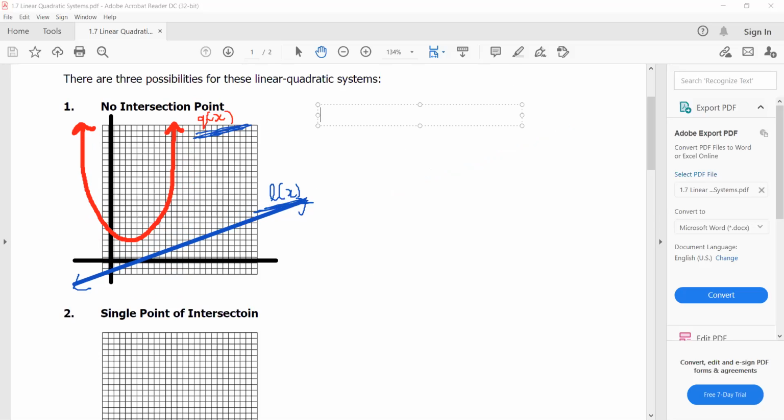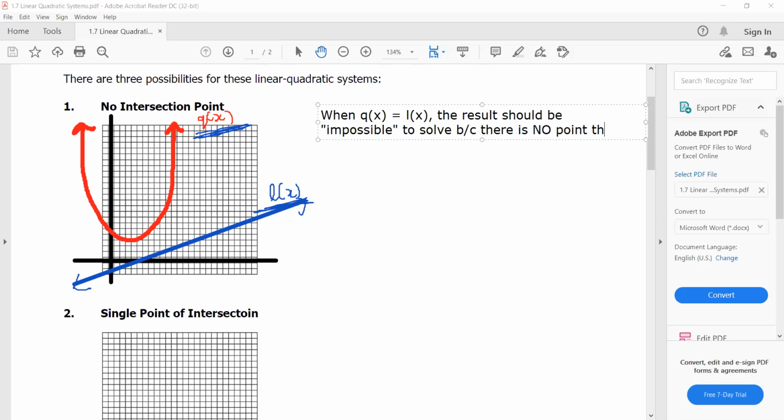Let's see. When q of x is set to equal L of x, the result in this case should be what we call impossible to solve, because there is no point that q of x and L of x share, right?